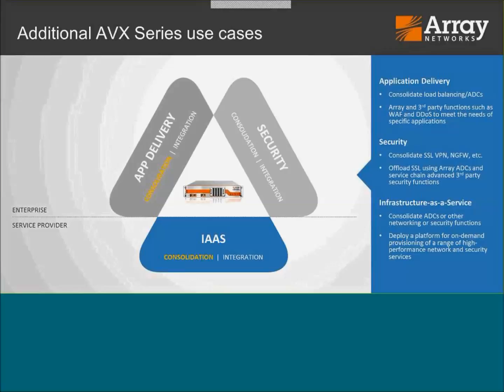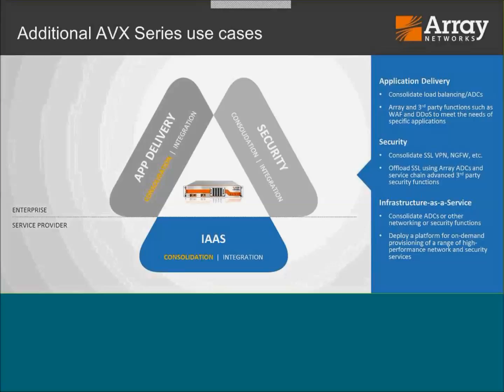Or, hey, look, I'm an infrastructure as a service provider or a managed service provider. I can either consolidate one particular service function, or I can say I'm building a pool. I'm building a fleet of network functions platforms from which I am going to host my networking and security services. And there might be different services on different platforms depending on how cloud management has most efficiently decided to leverage the resources on the platform.